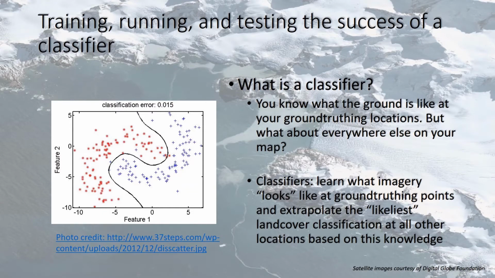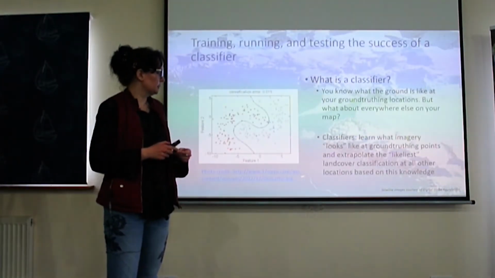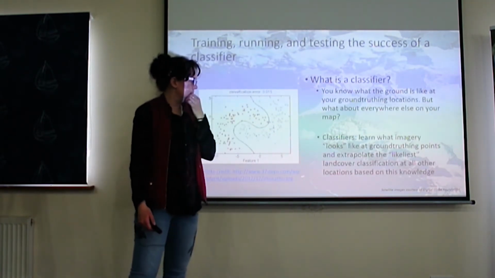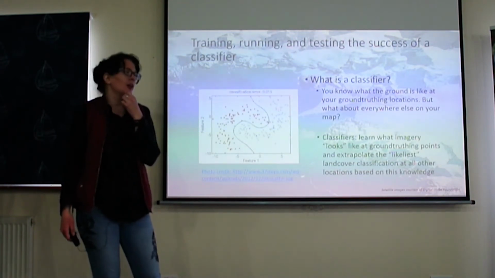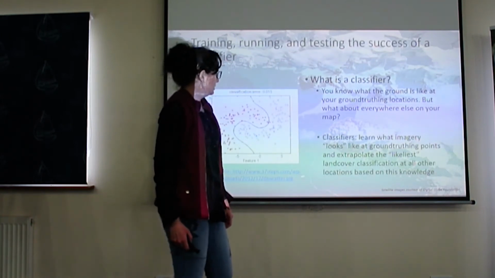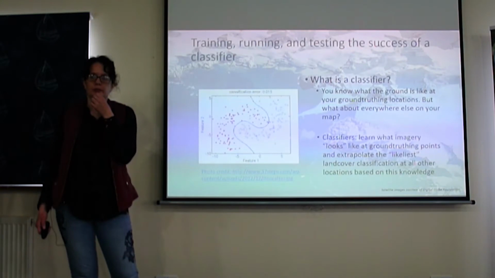And the classifier that we're using to do the main bulk of the work is kind of the final component that you really need to get this whole thing together.